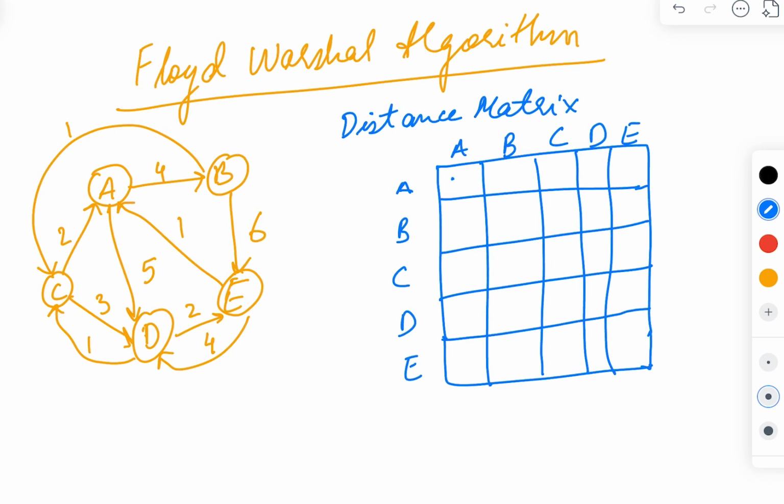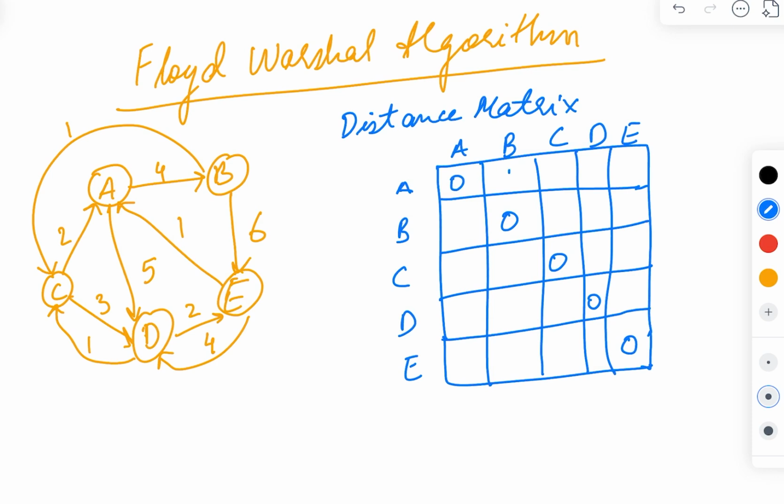Initially, we are going to add everything that we know from our edges. So A to A is 0. First let's fill out, there are no self loops that we see here, so all distances from a vertex to itself are 0.